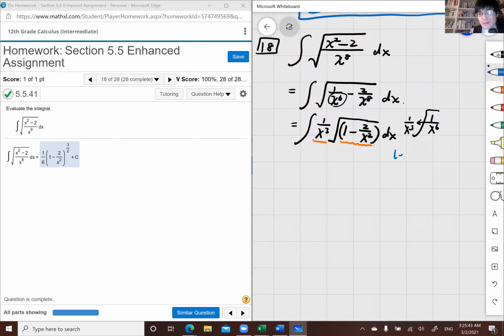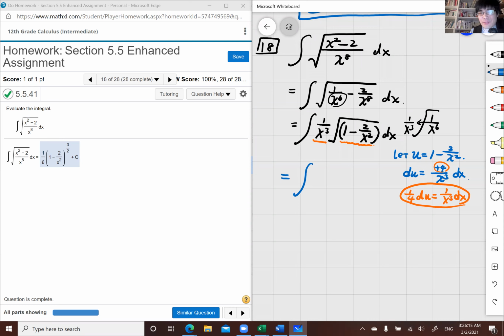So now let the inside of the radical be u. Then du is going to be plus 4 over x cubed dx. We don't like this 4 much, but it's just a constant multiple, so it's easy to substitute by putting the 4 on the other side of the expression. So this is very useful.